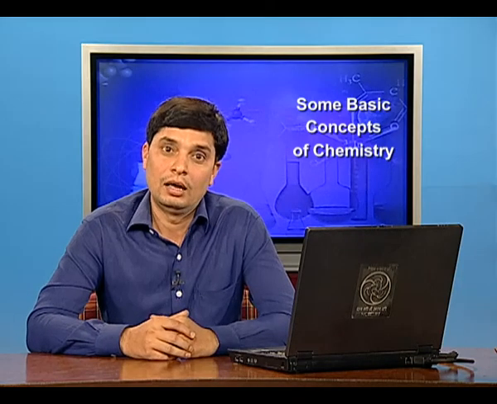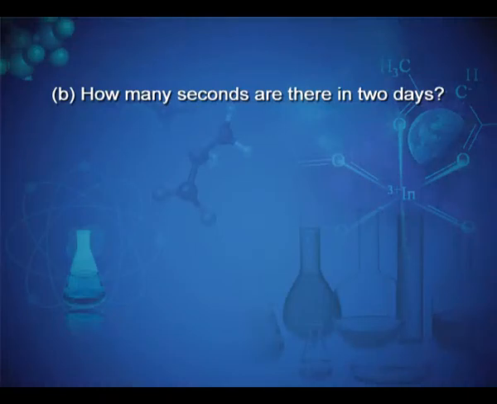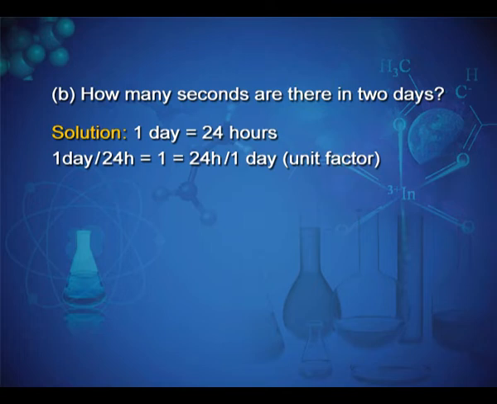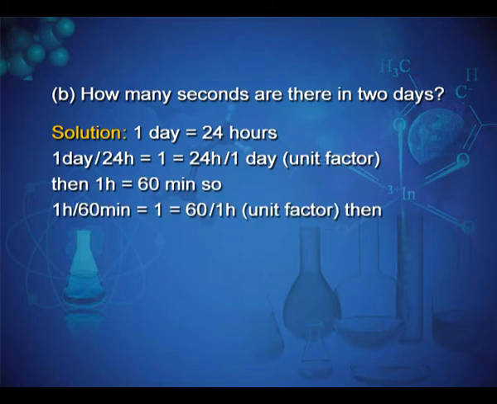Second example, how many seconds are there in 2 days? As we know, 1 day is equal to 24 hours. So 1 day is equal to 24 hours is one factor, and 24 hours by 1 day is the unit factor. Then 1 hour is equal to 60 minutes, so 1 hour by 60 minutes is again a unit factor.